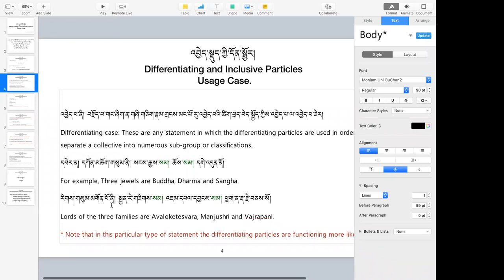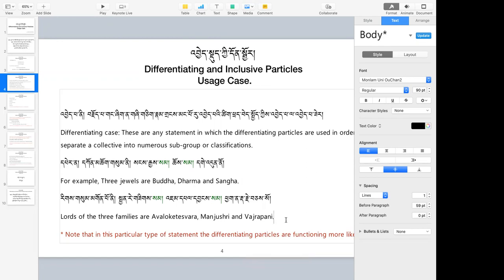So here the collective Riksung Gompo is the lords of the three families, the lords of the three different families of Buddha. This is our collective. And the subgroups here: the first one is Avalokiteshvara, the second one is Manjushri, the third one is Vajrapani. So these are the three lords of the three different families.